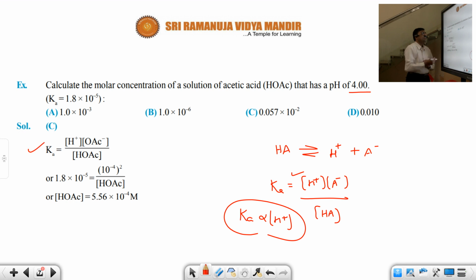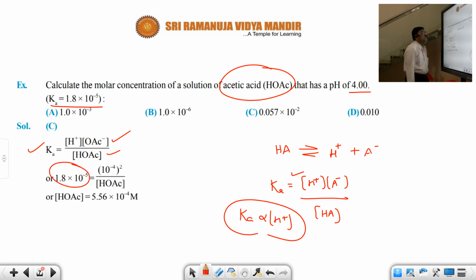K is equal to H plus into OAc, the acetate ion, by acetic acid, since acetic acid is a weak acid. And here what is asked? The concentration of acetic acid is asked. Students, you know very well, the K value is given here as 1.8 into 10 power minus 5.